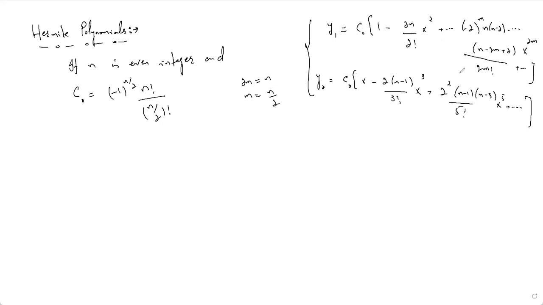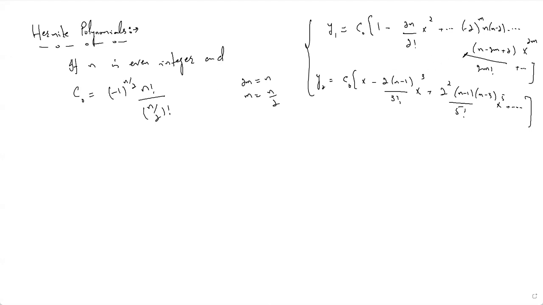So in the denominator we have 2m factorial. Okay, so what could be the last term?